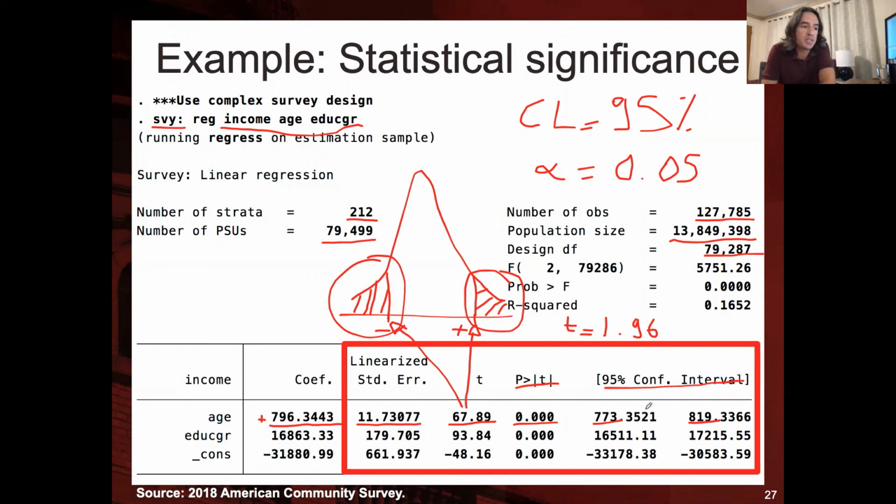The idea is that if the confidence interval does not contain zero, in this case it's always above zero, it means that age has a statistically significant effect on income. Same thing about education. If the confidence interval is always above or always below zero, in this case always above, education has a statistically significant effect on income, okay?